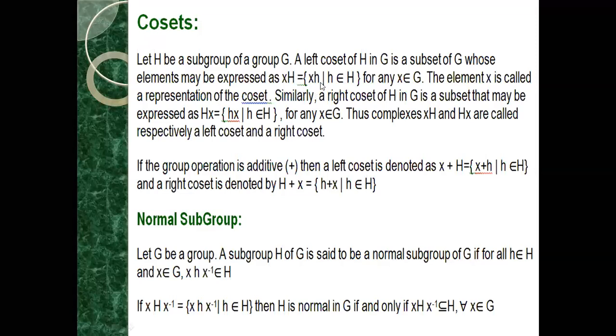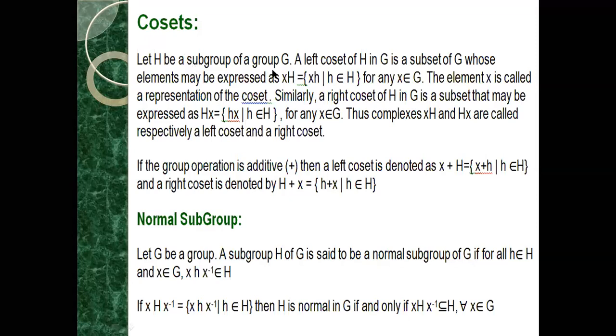So the left coset condition is xH equal to {xh such that h belongs to H and x is an element in G}. The right coset is Hx equal to {hx such that h belongs to H}. This is the definition of a coset. So what is a coset?